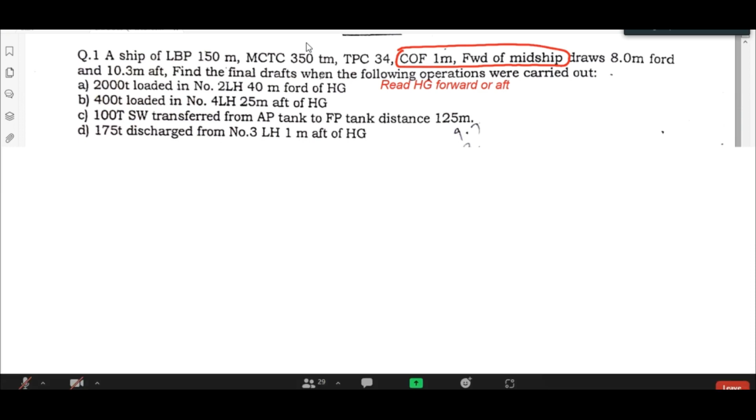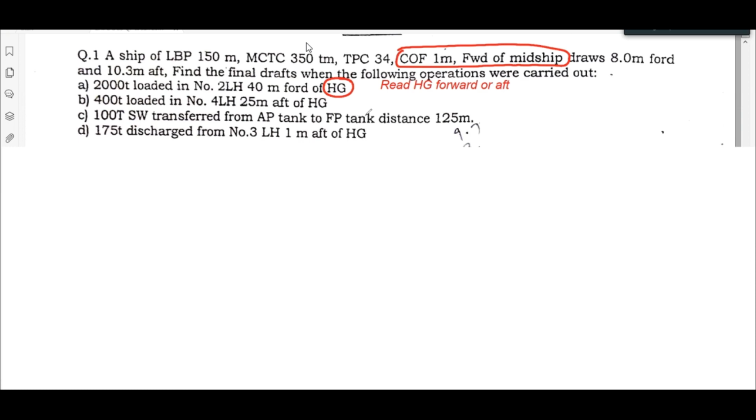Now, what is the meaning of HG? That is the first question. HG का मतलब क्या है? Now, in your Captain Subramaniam book, as well as in a lot of other papers also, you will find the words used are AG and HG.